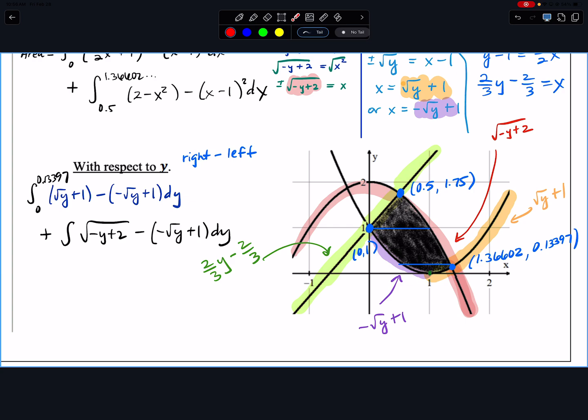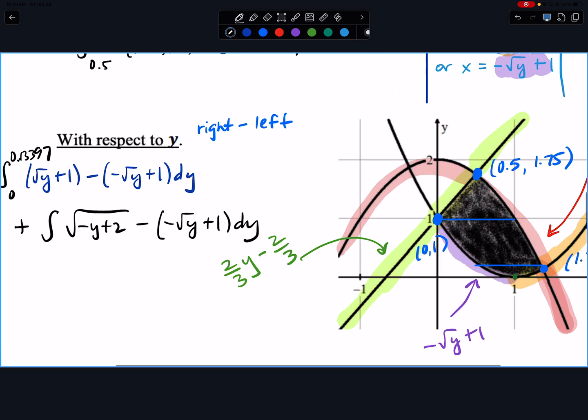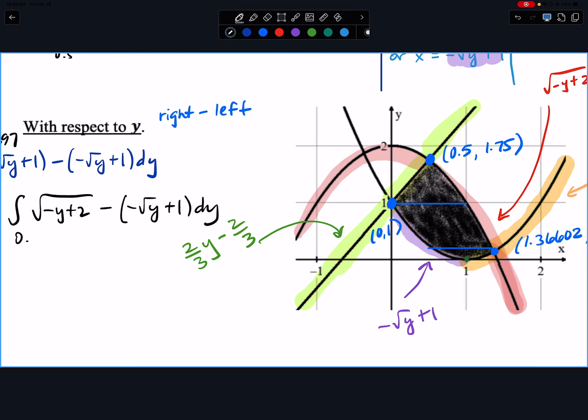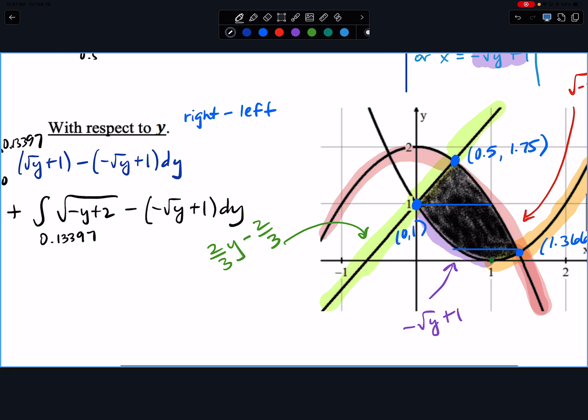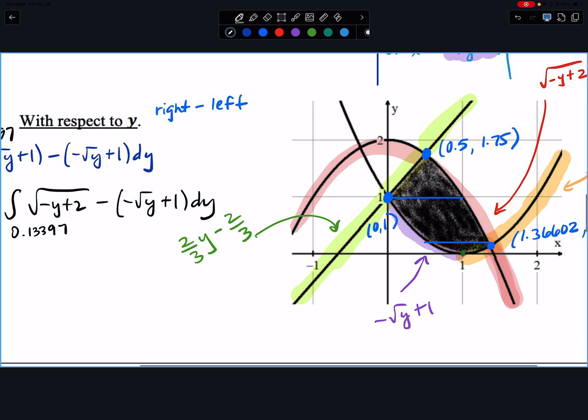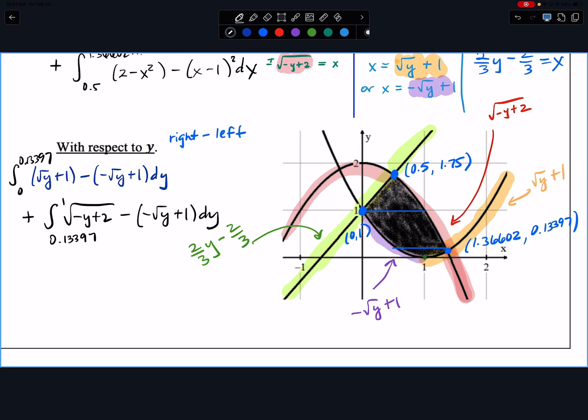So this area right here, guys, do you guys see how this is the y where it starts? So that's going to be your lower bound. So 0.13397, is that right? Yeah. 2, what's the upper bound? 1. Okay, and we have one more.